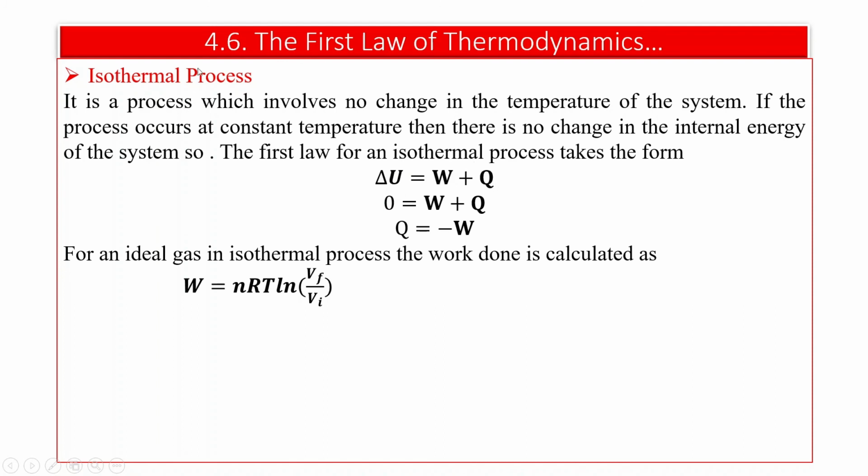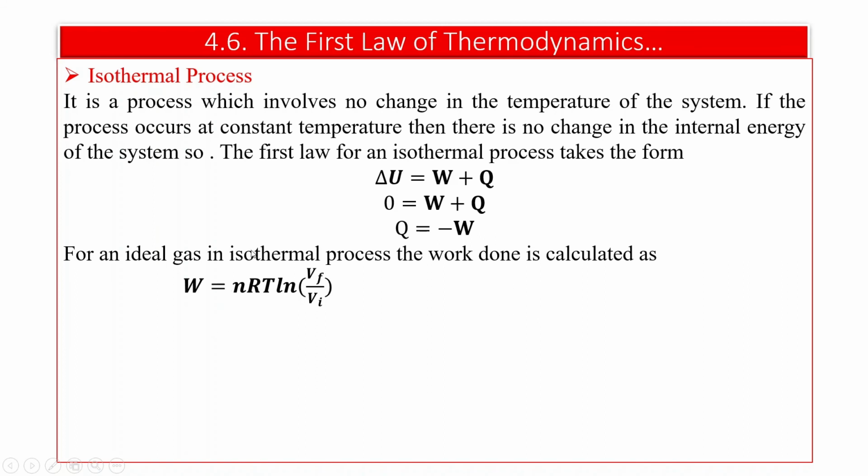In an isothermal process the temperature is constant, so the change in internal energy becomes 0, and the heat supplied will be equal to minus the work. For an ideal gas, the equation of state can be represented by PV is equal to nRT, so dividing by V, you get P is equal to nRT over V.